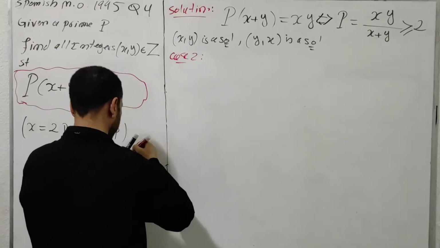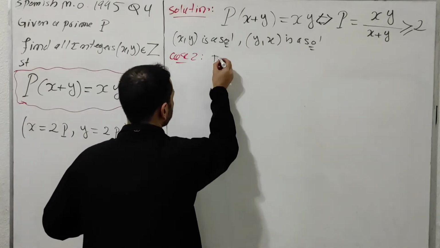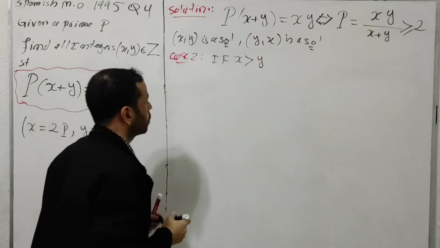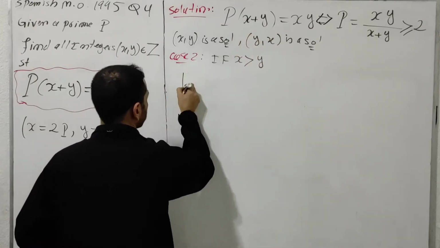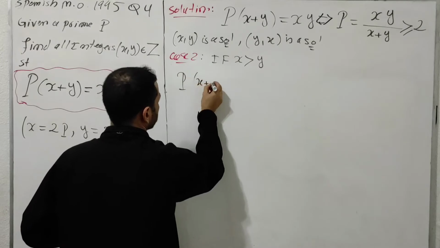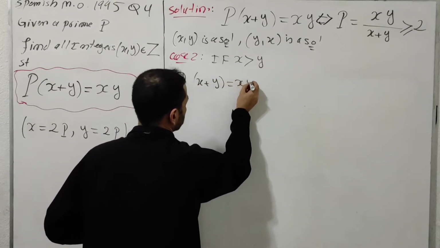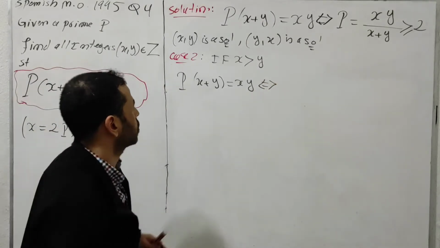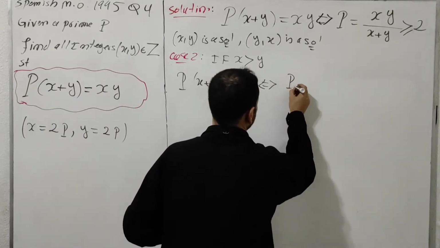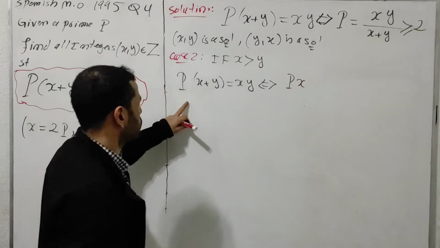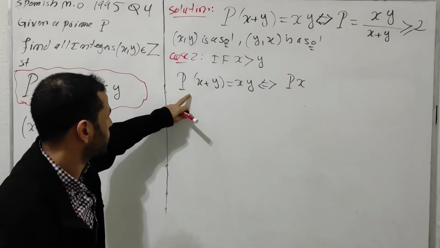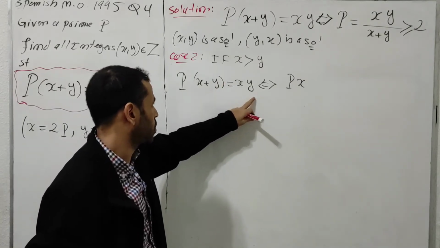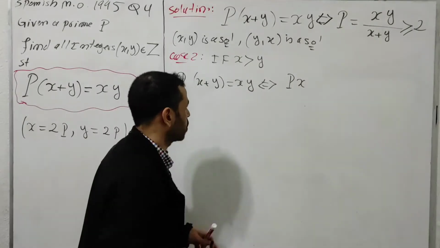Now let's do case number 2, if x is strictly superior to y. I have the equation p(x plus y) equals x multiplied by y. I'm going to pull out px and take py to the other side, and at the same time take y as a common factor.